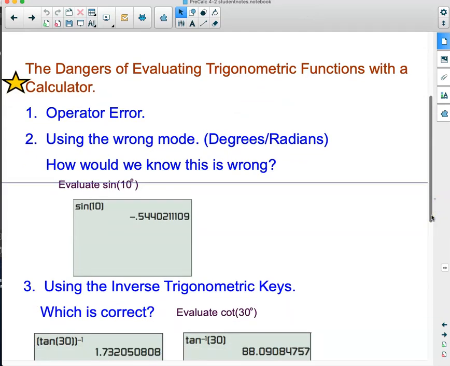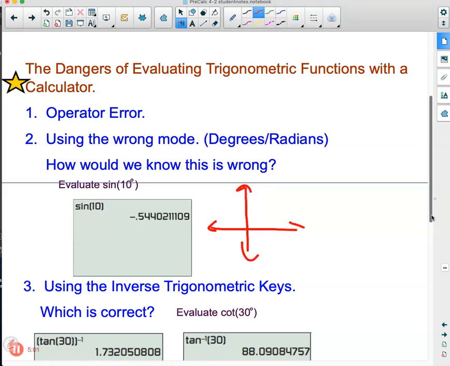So this one says evaluate the sine of 10 degrees. And you punch it in and you get -0.544 and so on. We should know that's wrong. We should know that, hey, that must be in radian mode, because that is not what you should get. And that's because it came out to be negative. And when we draw 10 degrees, it is definitely in the first quadrant.